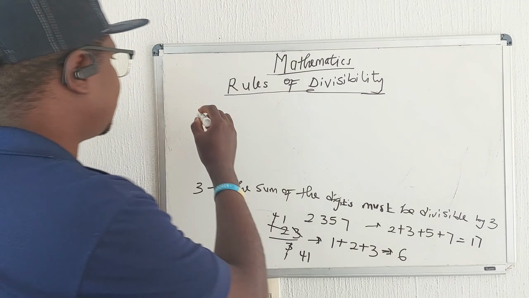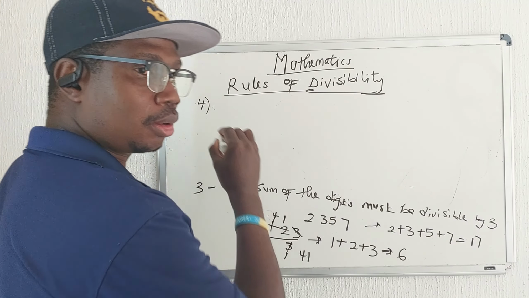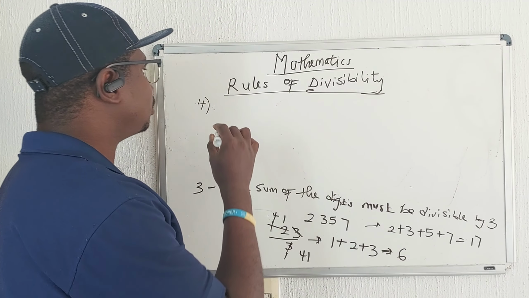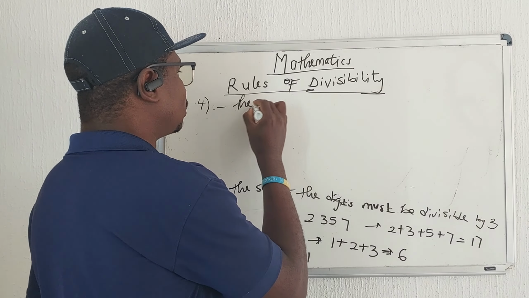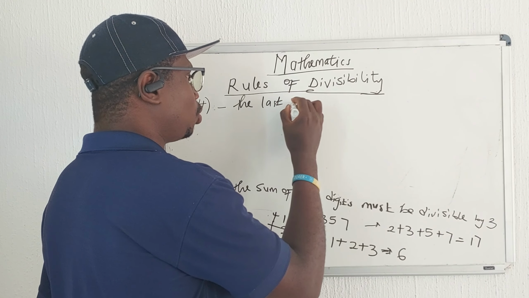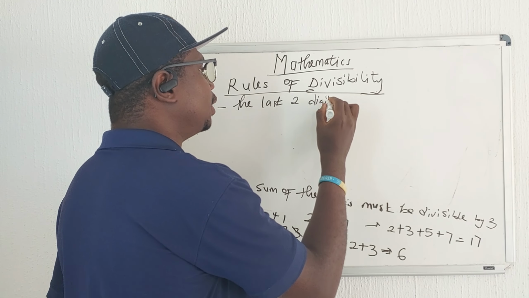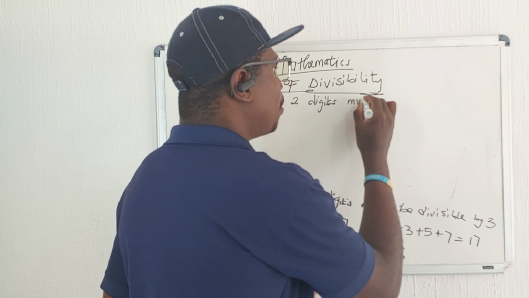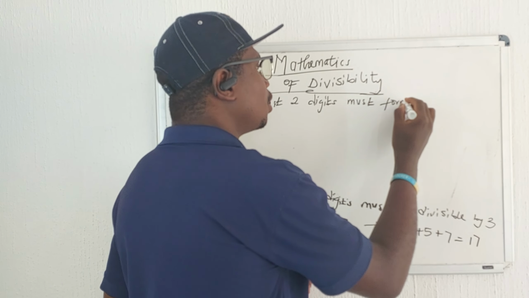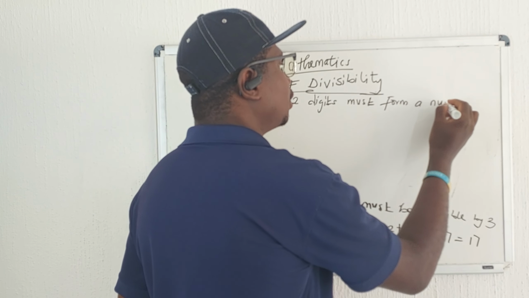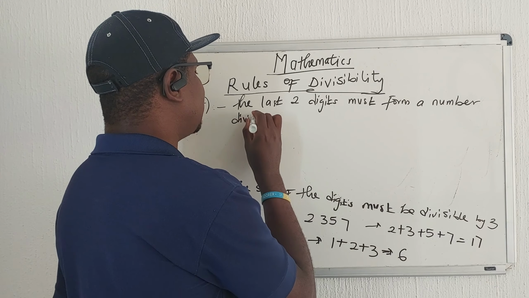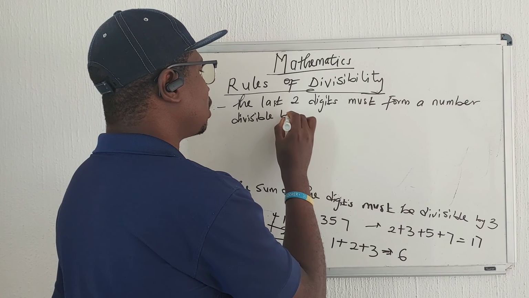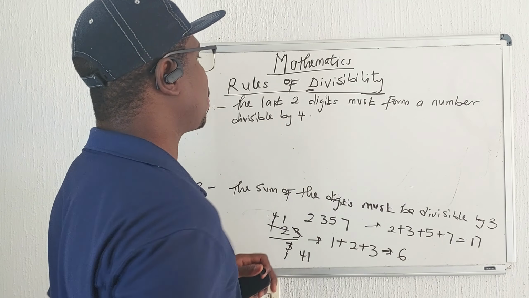Now the next test is the 4. How do we know a number is divisible by 4? The last 2 digits must form a number divisible by 4.